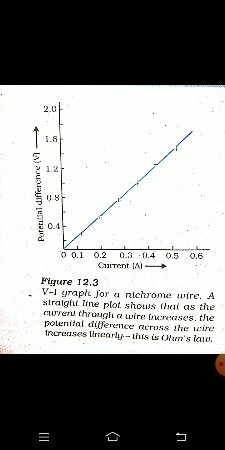That is why the V versus I graph, that is, the graph between potential difference and electric current, is a straight line that passes through the origin of the graph. That is why we can say that V divided by I is a constant ratio, because the value is the same. It is constant.